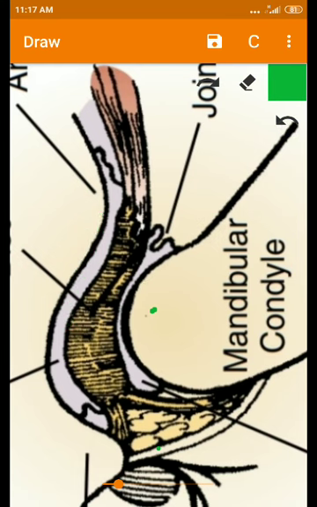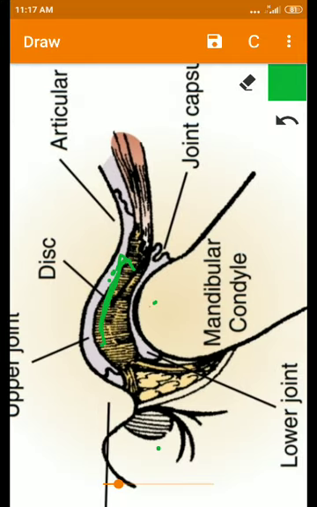The gliding motion of the articular disc is simply called translation of the articular disc on the temporal bone. The middle portion of the disc is called the articular surface of the disc.